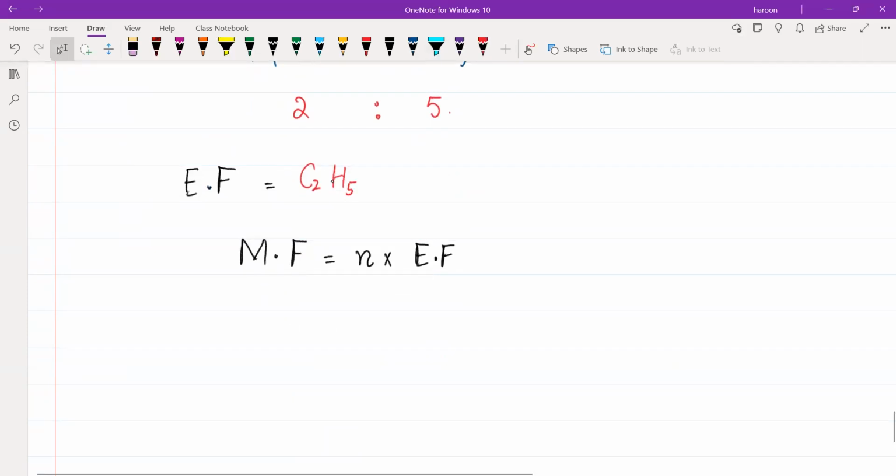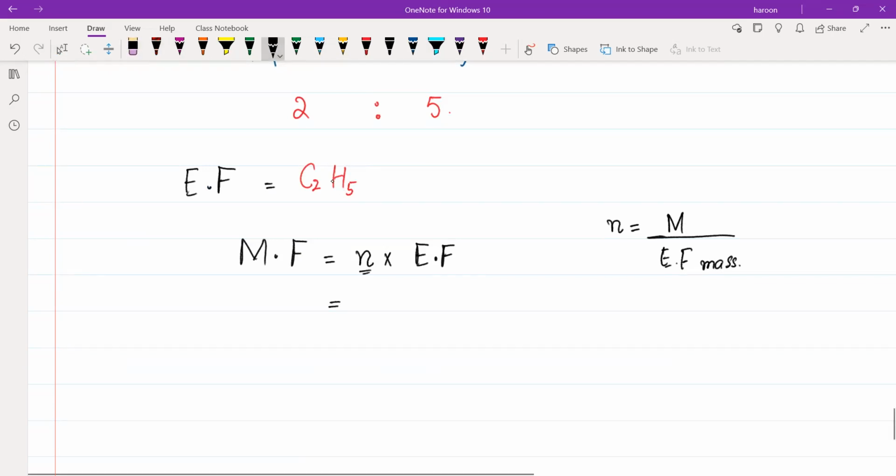So what we can do now, that's very simple. Okay, look, what is N? N is equal to the molecular mass Mr divided by the empirical formula mass.